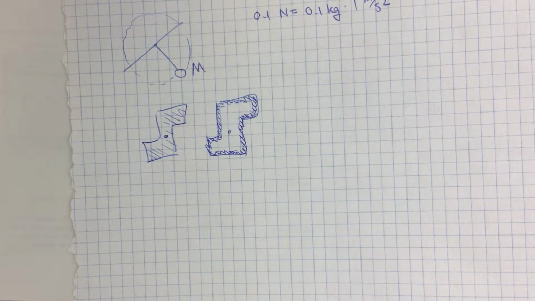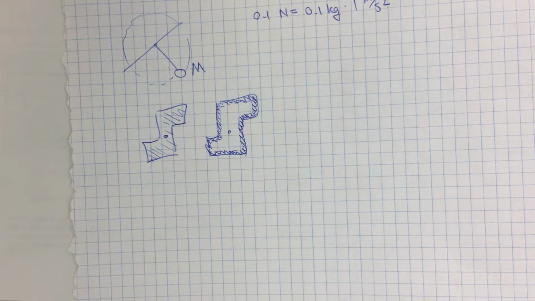But this one's just solid, this one is a hoop. And so the same mass, gravity will pull on them the same, they'll have the same torque on them to make them speed up. Camille here is going to catch these.